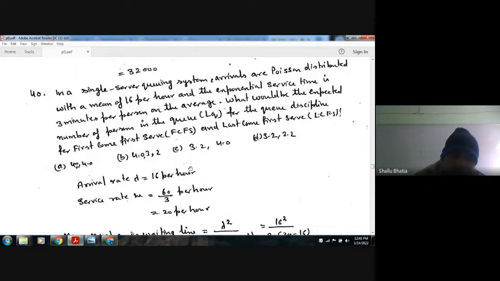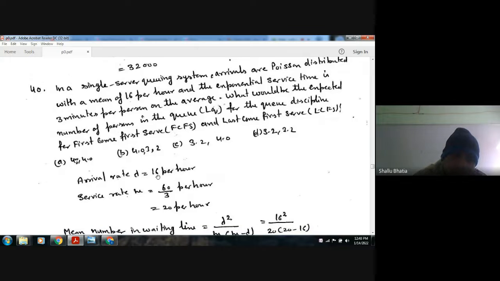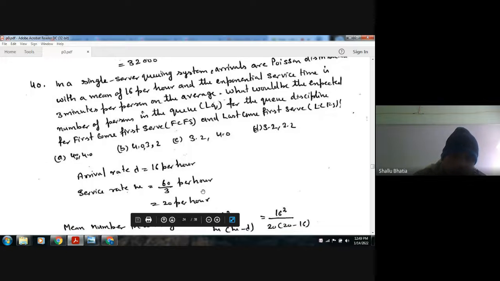What would be the expected number of persons in the queue, Lq, for the queue discipline first come first serve, FCFS, and last come first serve, LCFS? So the arrival rate is 16 per hour and the service rate is 3 minutes per person. It means 60 by 3, persons per hour, or 20 per hour.